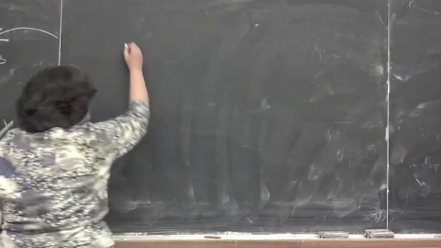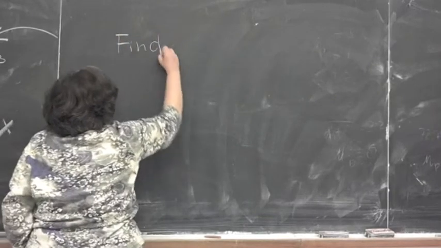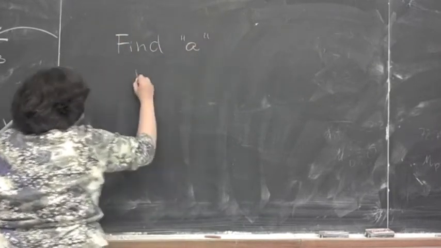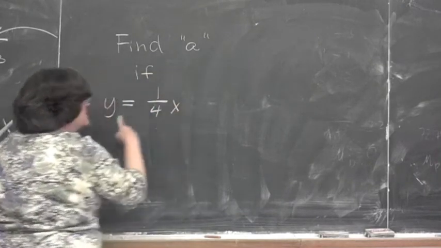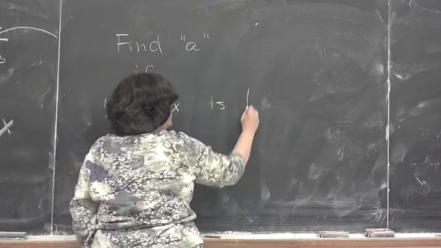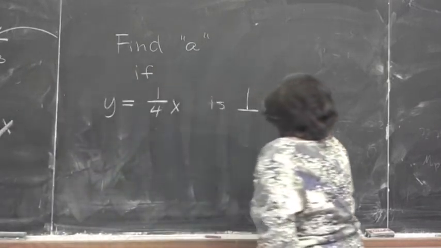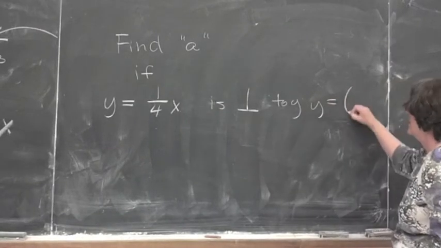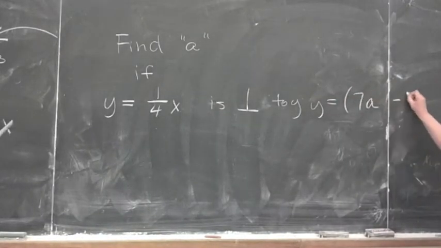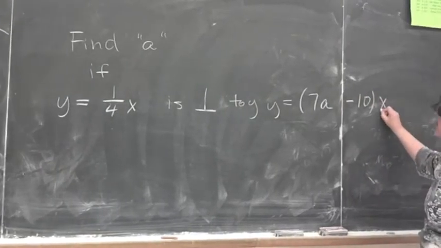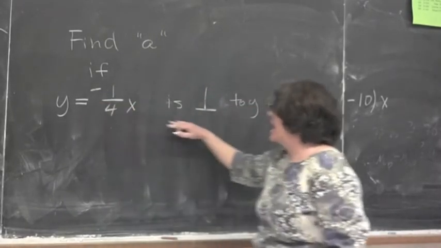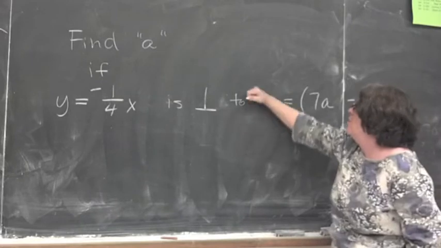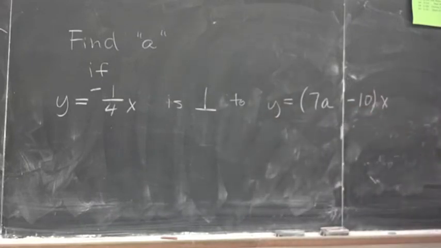So we're going to do a little problem where we're going to find A if y equals -1/4 x is perpendicular to y equals 7a minus 10 times x. Pretty complicated, but we can do it.